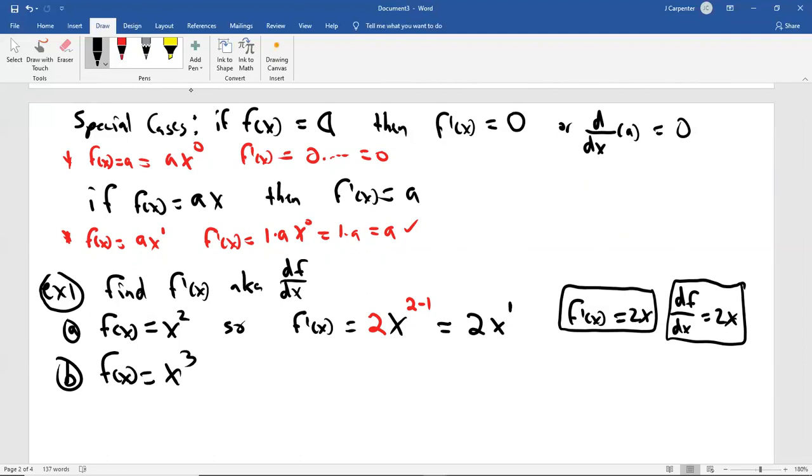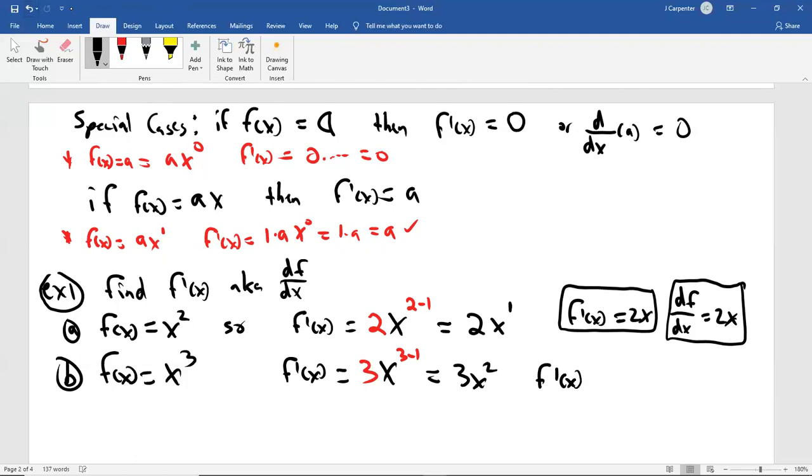Well, let's try this formula, f prime of x. Take the exponent, which was a 3, make it a coefficient. Leave the x there, but drop the exponent by 1. So take the 3 and subtract 1. 3 minus 1 is 2, so you get 3x squared. Holy cow, that was fast. I want to box it up with the notation.